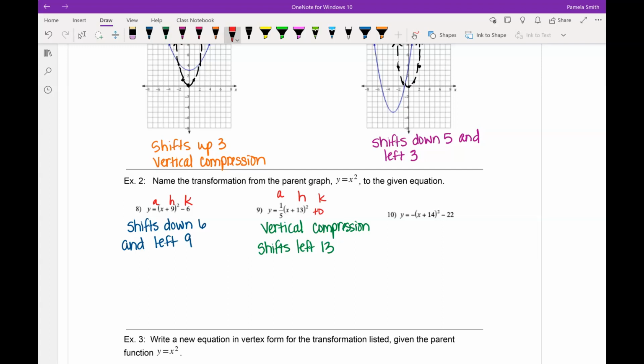Number 10, y equals -1 times the quantity x plus 14 squared minus 22. So a, h, and k. What are some of the transformations that are happening from the parent graph or the parent function to this?